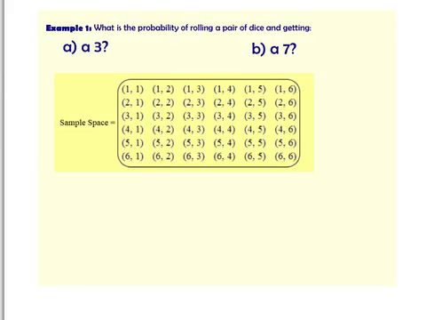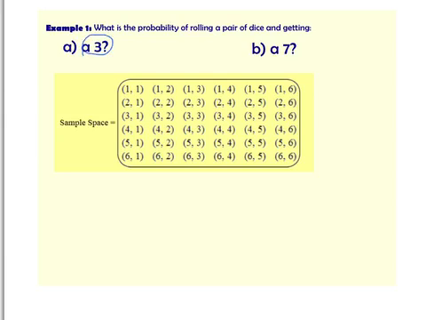So here's an example. What is the probability of rolling a pair of dice and getting a 7? So you see now what we did in that lesson on sample space, so you could think about the total number of possibilities. So let's first look at the probability of rolling a 3. That's part A. So we want to think about the number of ways there are to roll a 3.